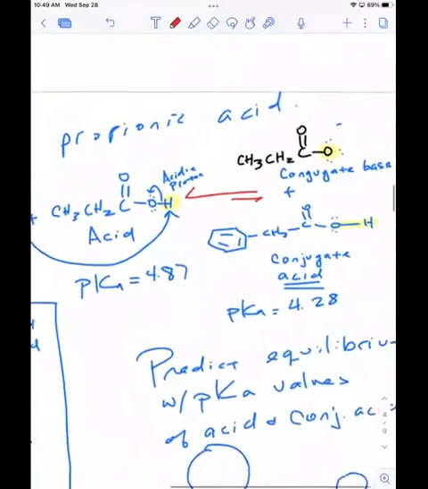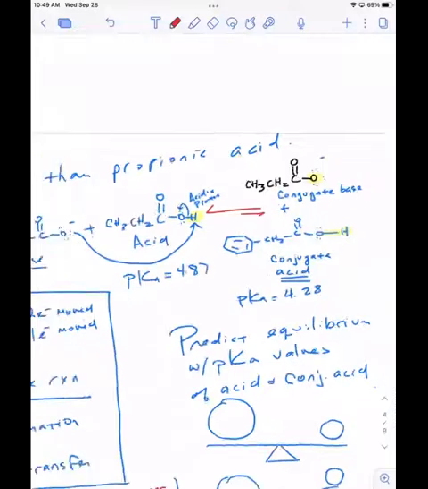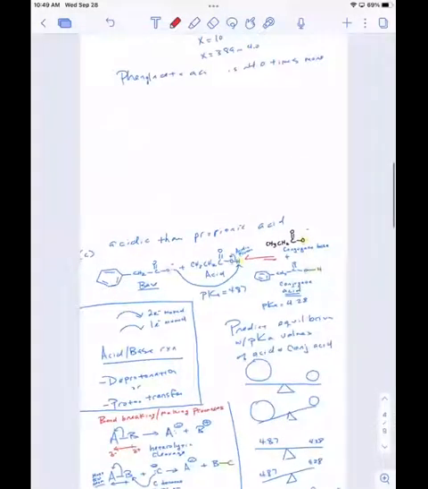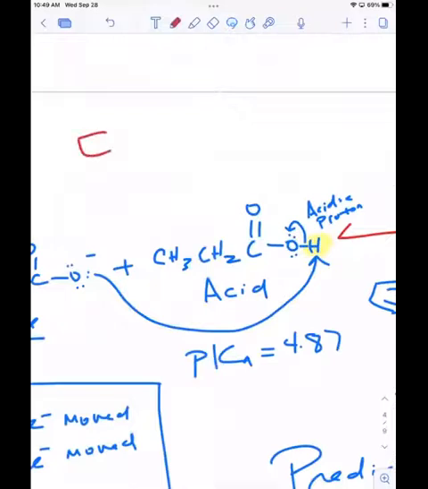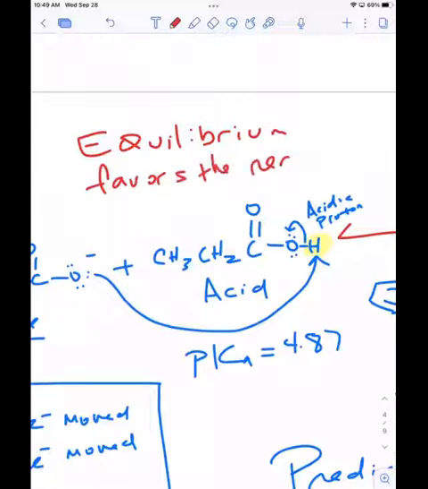So in this case, the equilibrium is going to favor the reactants.